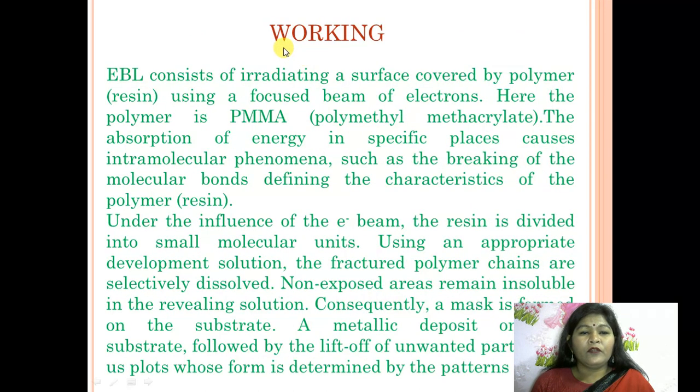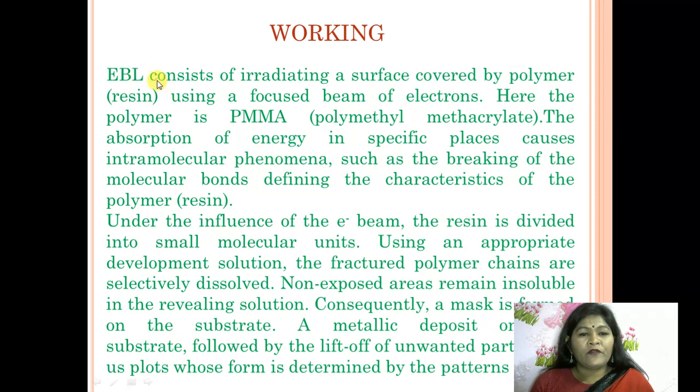So now let's start with the basic working of electron beam lithography. Electron beam lithography consists of scanning a beam of electrons across a surface covered with a resist film sensitive to electrons, thereby depositing energy in the desired pattern on the resist film.